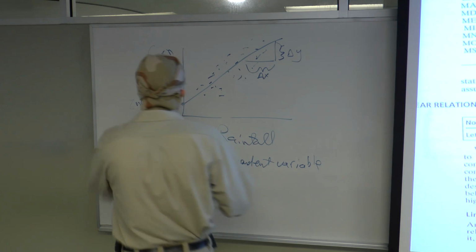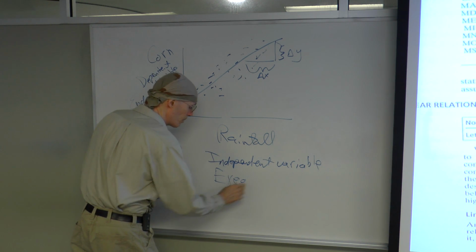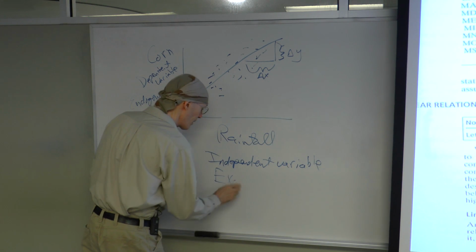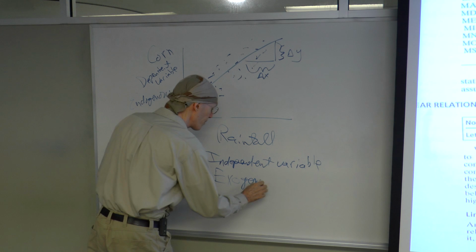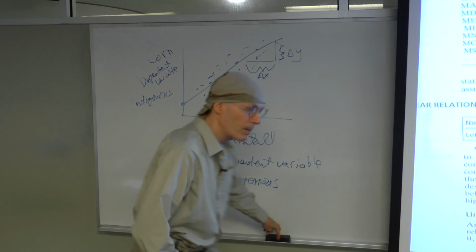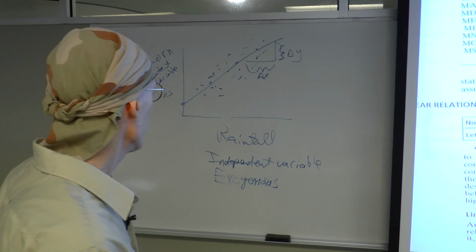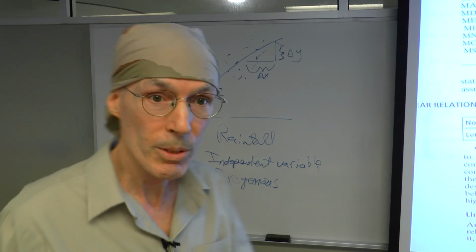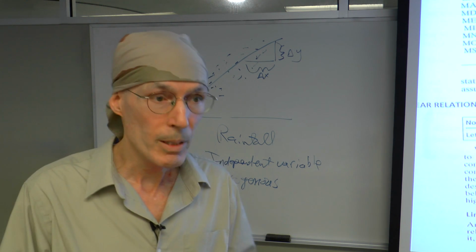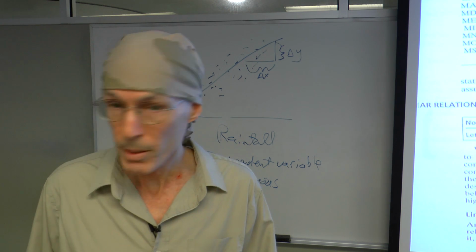So when they use endogenous, they're going to be using the word, oops, I want to spell it right, exogenous for the x variable, or the independent variable. So, endogenous for the dependent variable and exogenous for the independent variable, and they'll simply use them as synonyms, meaning they won't use the words independent variable and dependent variable, they'll use the endogenous variable and the exogenous variable, and so on.